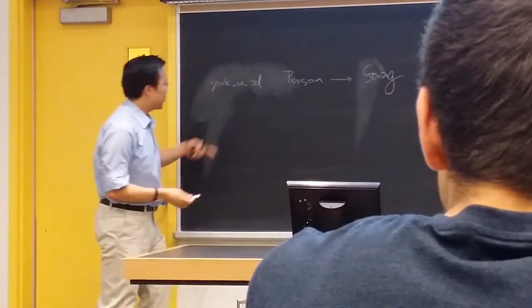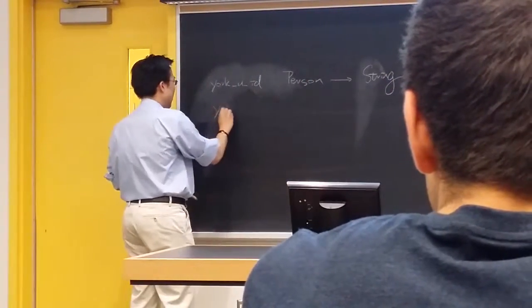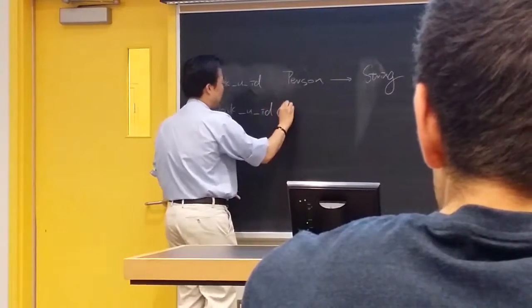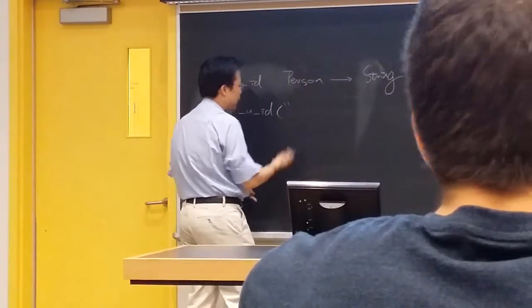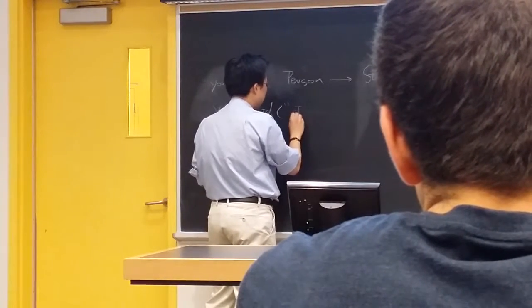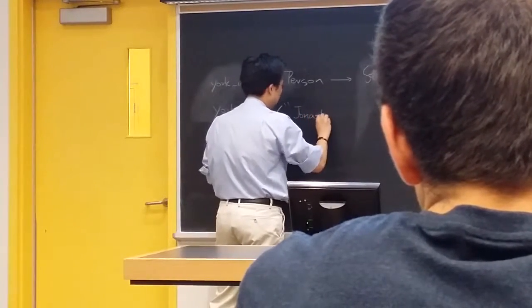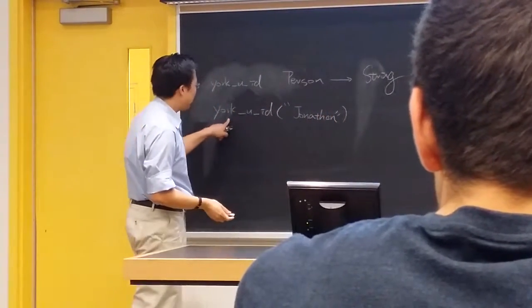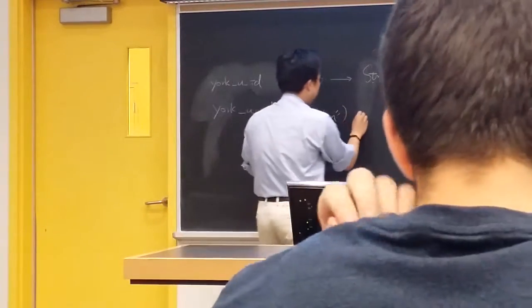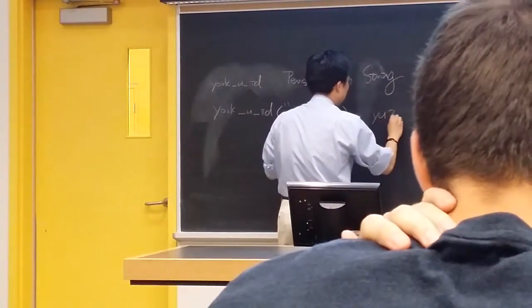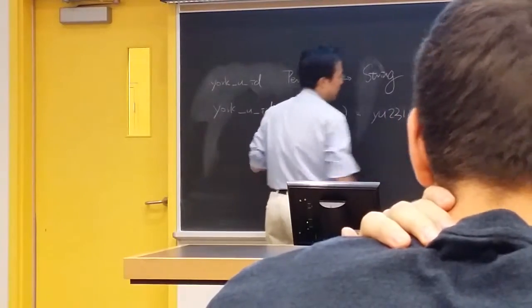Okay? So let's say this is a function, for example, I might say your UID, and let's say some person, I can make this into a string as well. So let's say it's Jonathan here. Okay, that means I'm trying to apply this function on this value here, and let's say that is simply, YU, for example, right?